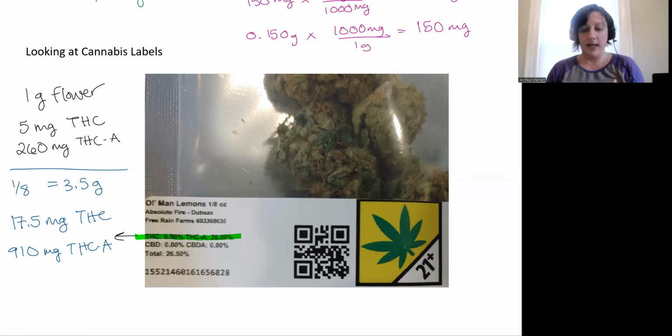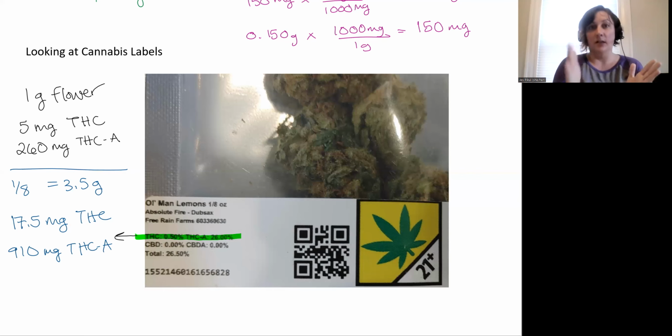Now, of course, it doesn't mean that absolutely all of that is going to end up in a bloodstream when consumed. So if we were looking at the 1 gram of flower, if it was smoked or ingested or vaporized, we wouldn't see exactly 260 milligrams of the THCA instantly converted into THC and then completely absorbed by the blood.